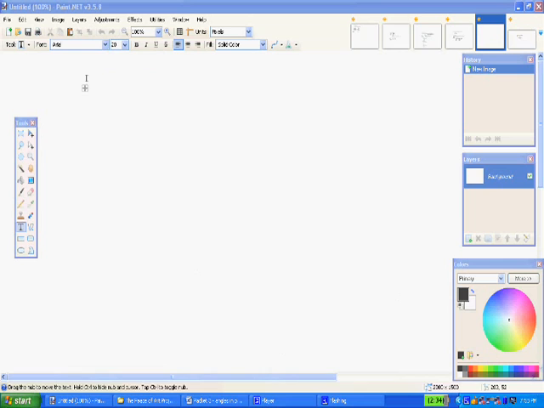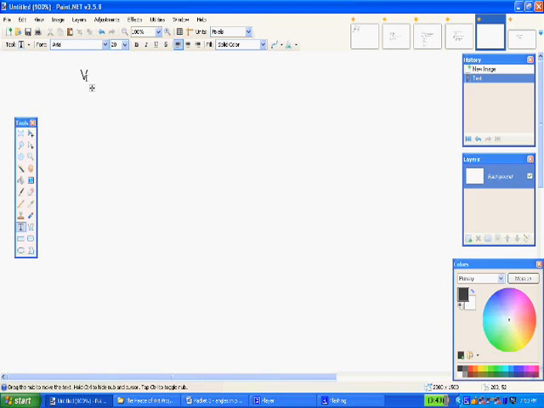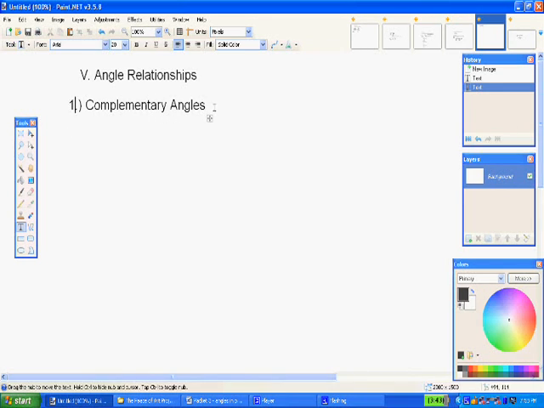Alright, the last thing I'm going to talk about today are angle relationships. How do angles relate to each other? The first type of angle relationship that we'll see in geometry are called complementary angles. And these are just angles that, when you add them together, add up to 90 degrees.